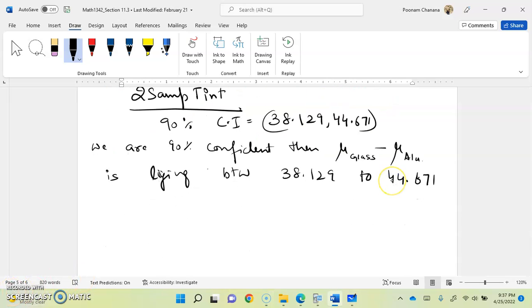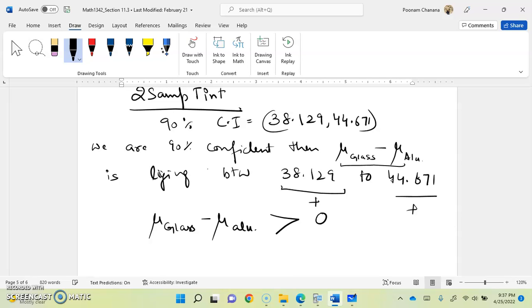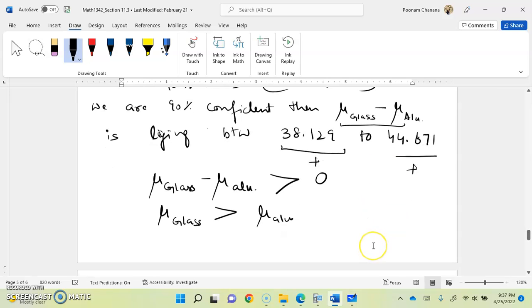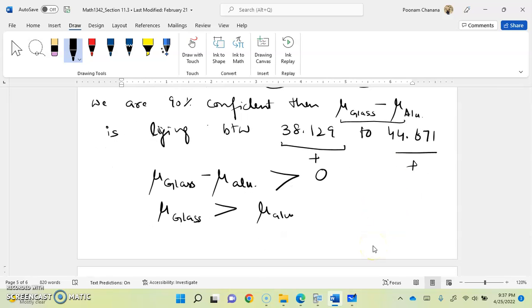So what does that mean? Clearly these two numbers are both positive, really large. So the difference between them is really large and positive. That means mu glass minus mu aluminium is positive, clearly, because it lies between these two numbers. That means the mean time taken by the glass bottles is more than the mean time for aluminium bottles to cool down, right? So aluminium bottles get cooler faster.